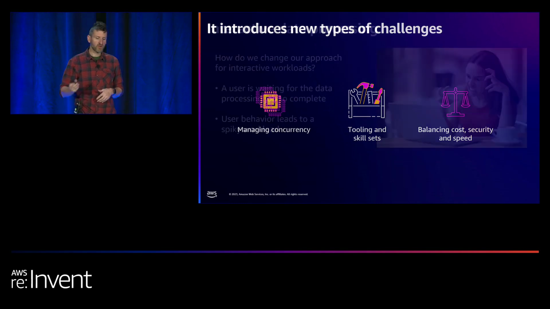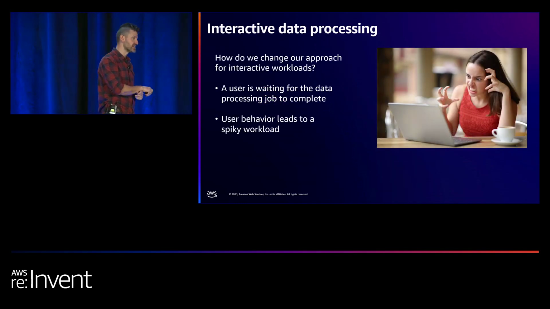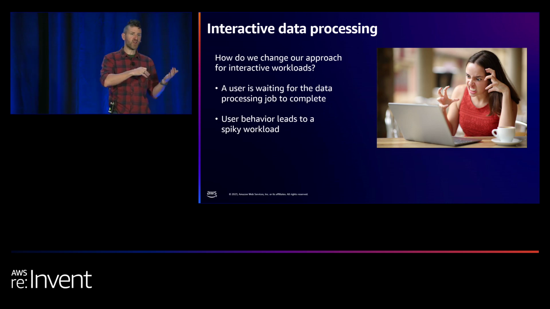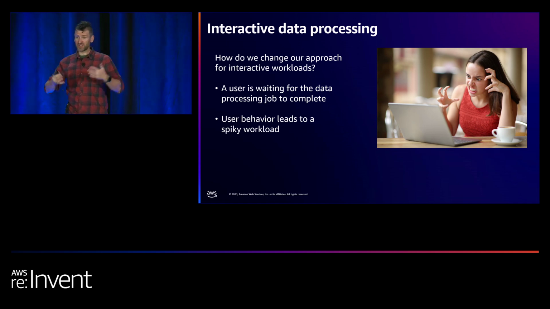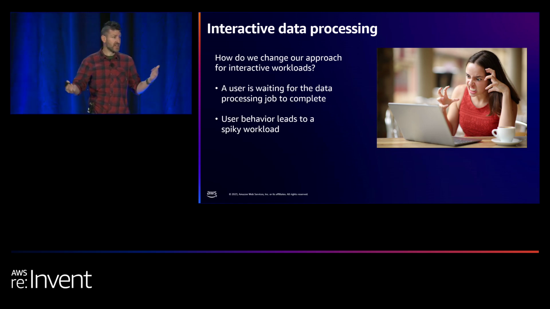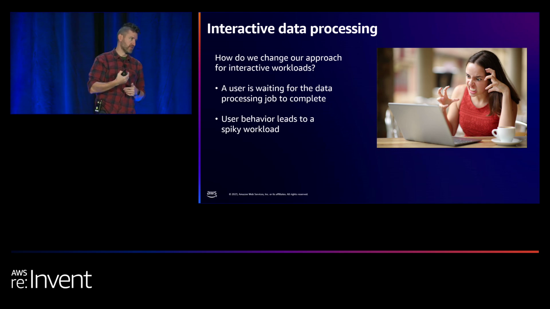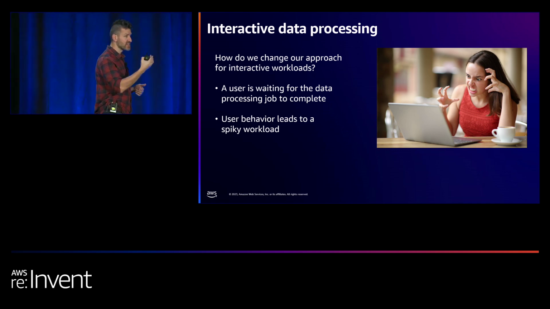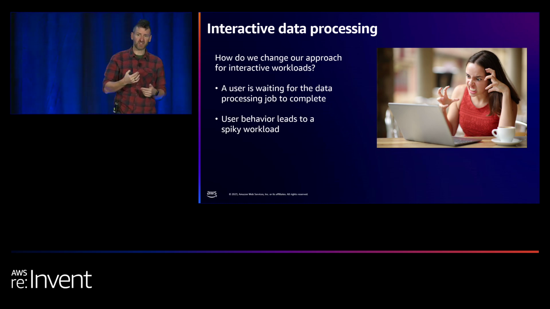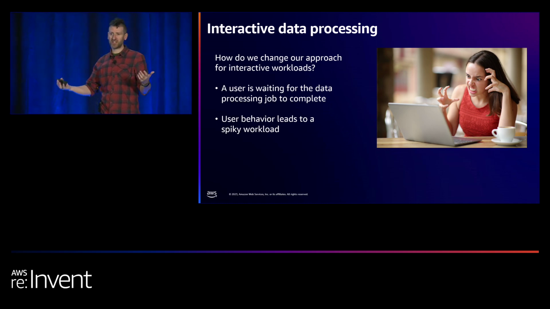More and more, we're seeing interesting use cases where these aren't batch jobs that are running overnight on a schedule, but data processing jobs, which are still processing a lot of data, have a user waiting for them on the other end. And so if you think about interactive data processing workloads like this, you have new additional challenges.